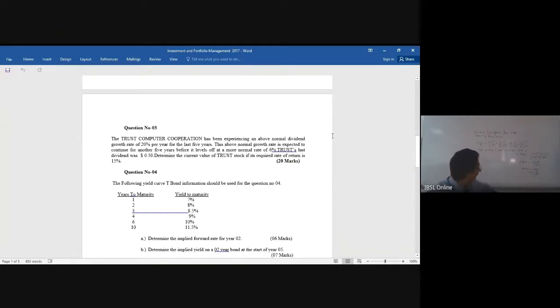D0 here is the 5th year dividend, that is 0.5 into 1.2 to the power 5, multiplied by 1 plus 0.06, and divided by k minus g, where k is 0.15 and g is 0.06. Since this gives the price after 5 years, we need its present value, so it has to be divided by 1.15 to the power 5. These are the workings for this calculation.